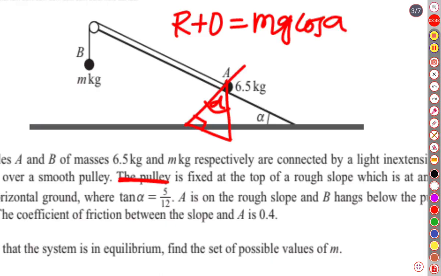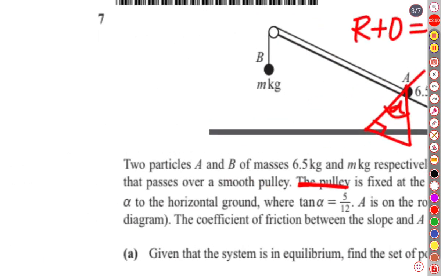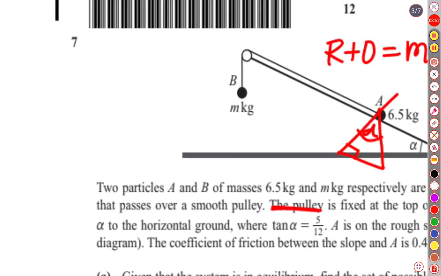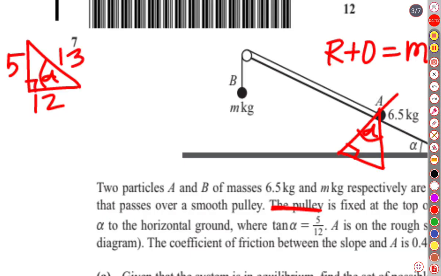So let me draw a triangle over here. This is the right angle triangle where the angle is alpha, and they have told tan alpha is 5 over 12. That means if the vertical line or opposite is 5 and adjacent is 12, so definitely the hypotenuse is going to be 13, since 12 square plus 5 square is 169.